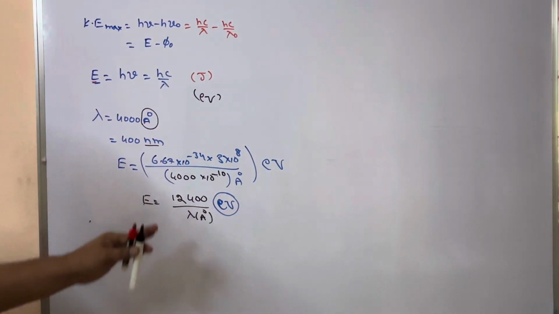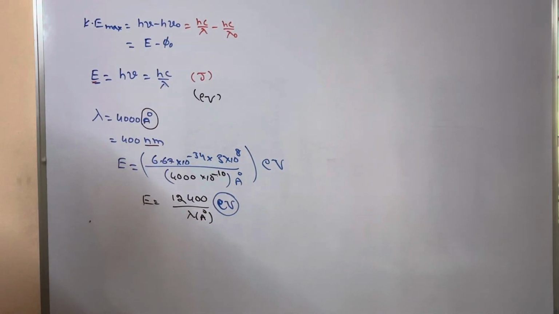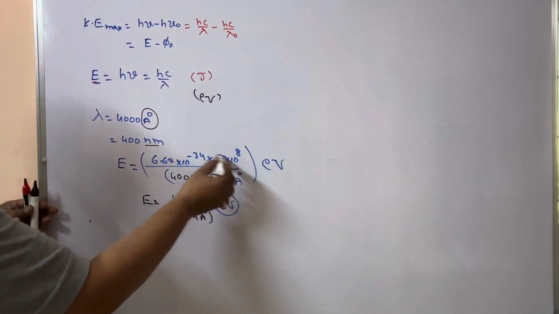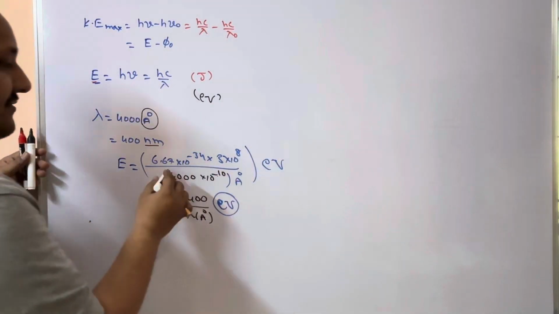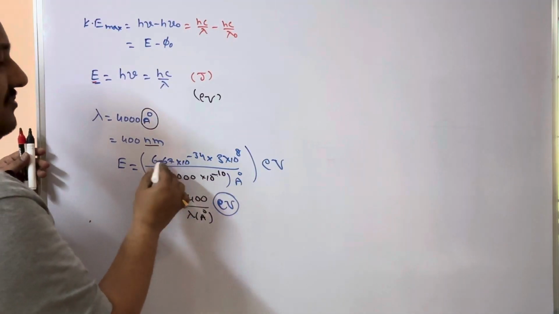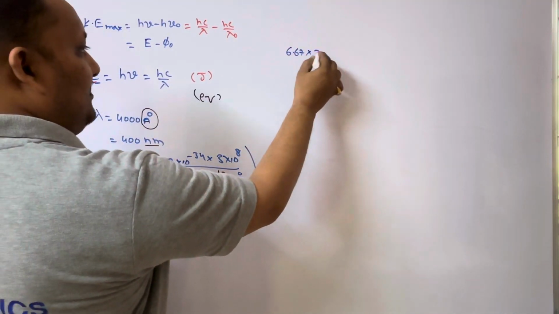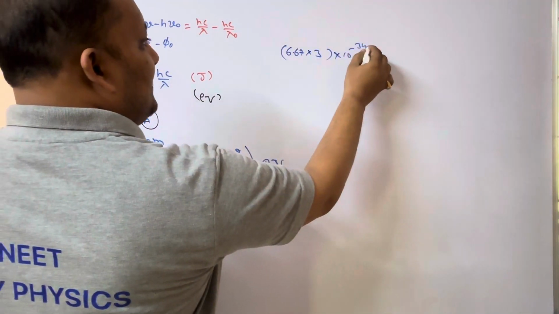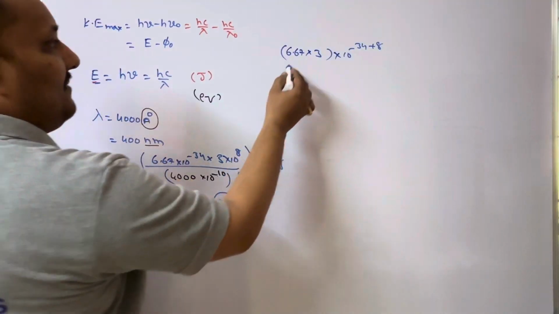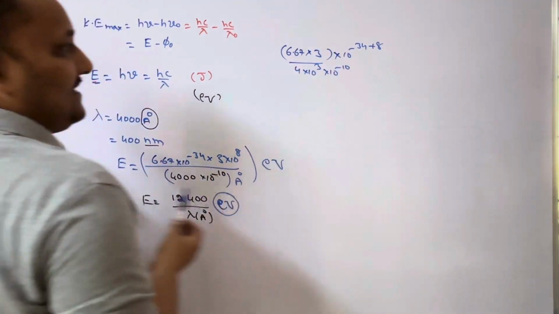If you didn't take angstroms, then normally when you divide, you will get the answer in joules. How do you get joules? See here, 6.67 into 3, 10 power minus 34 plus 8, divided by 4 into 10 cube into 10 power minus 10.